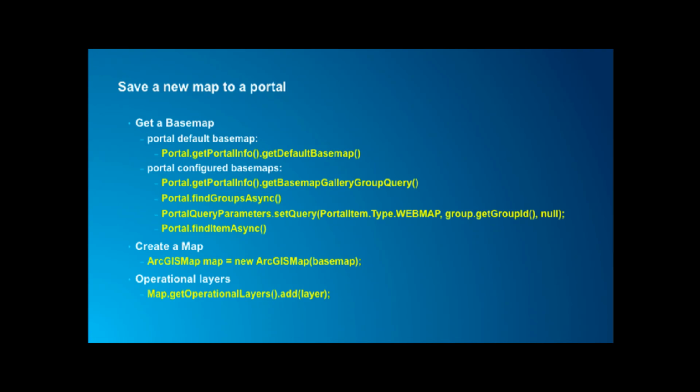Another way is that some portal administrators also configure a list of base maps into a specific group, and then you can use a default pre-configured query string to get the group, and from there you can get a list of portal items, which are those pre-configured base maps.